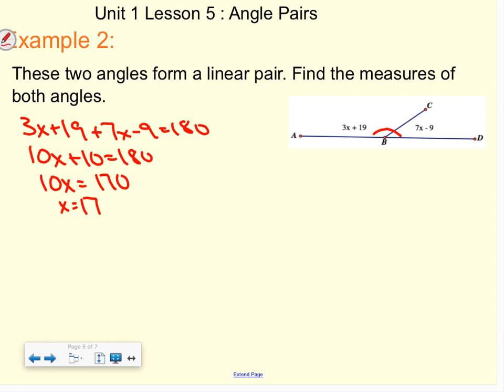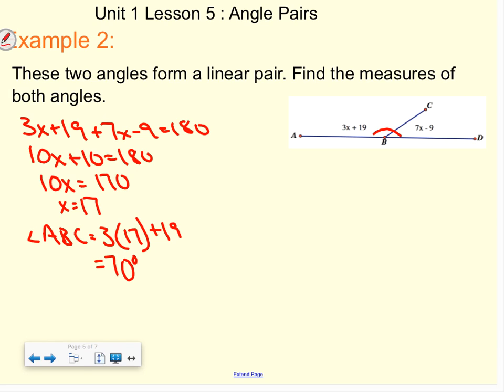At this point, we are going to have to plug this back in and find the measure of both of those angles. So we've got angle ABC. Well, that one's going to be 3 times 17 plus 19. 3 times 17 is 51, plus 19 is 70.